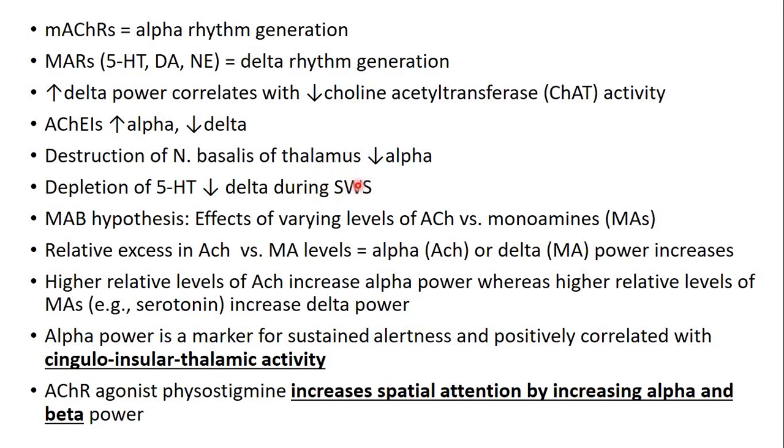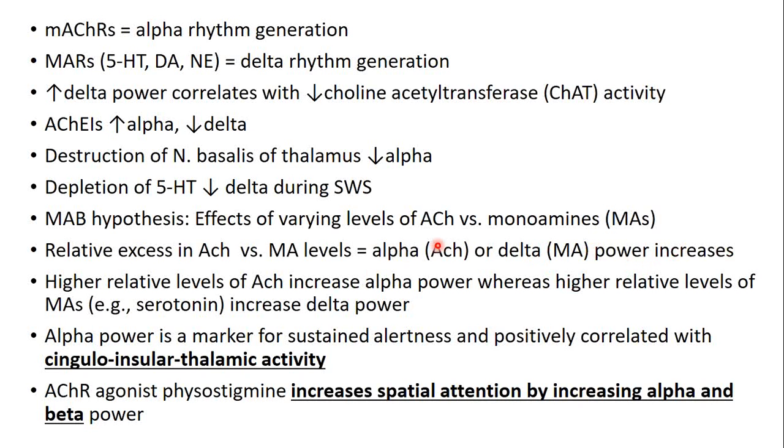So what we call slow wave sleep, a non-REM stage of sleep, we'll talk about it another time, is dependent upon delta, and when we deplete the serotonin, we don't get the delta. So this monoamine balance hypothesis says there are effects of varying levels of acetylcholine versus monoamines.